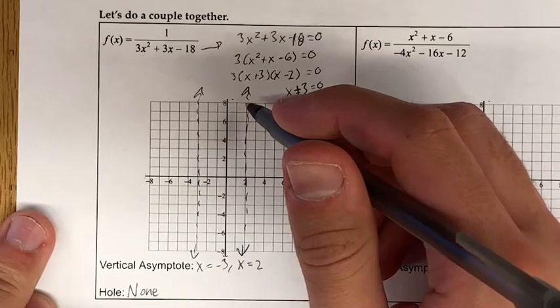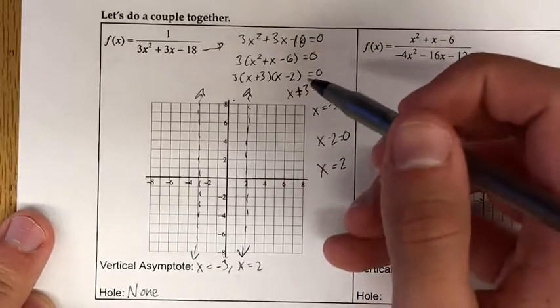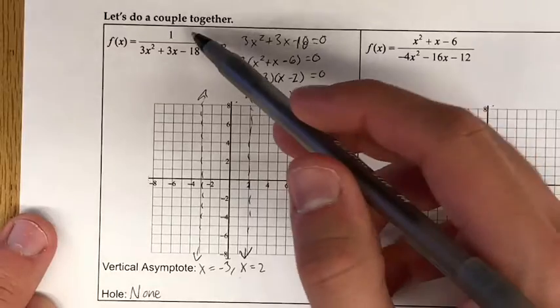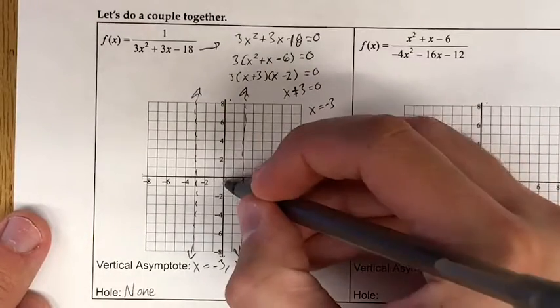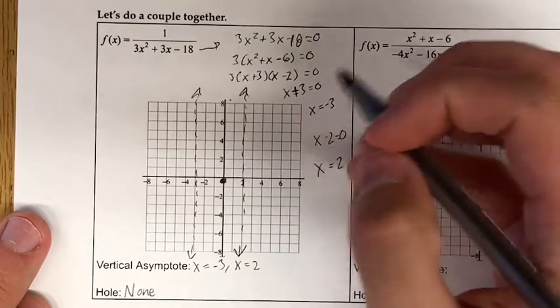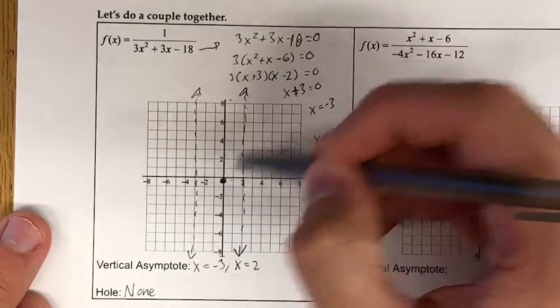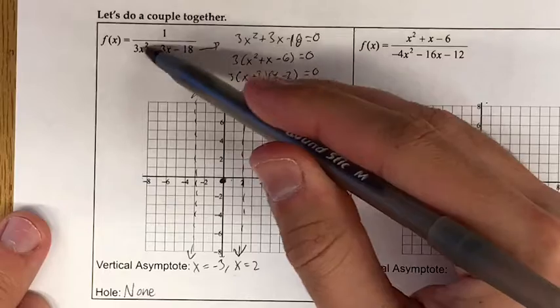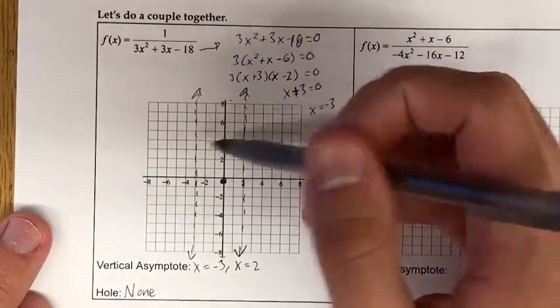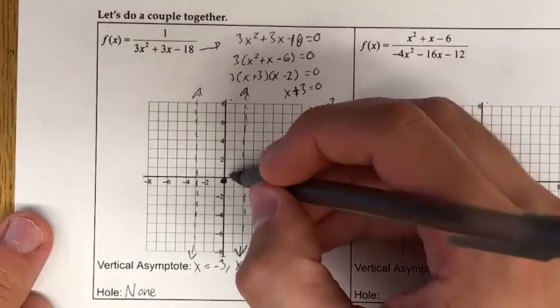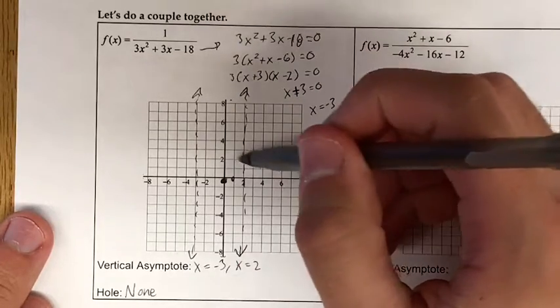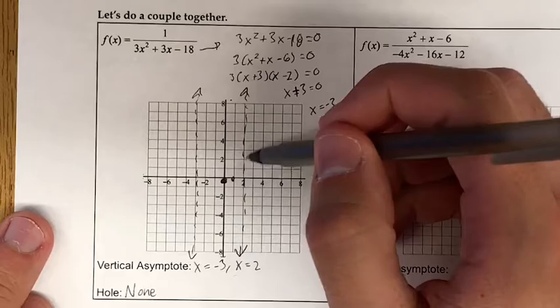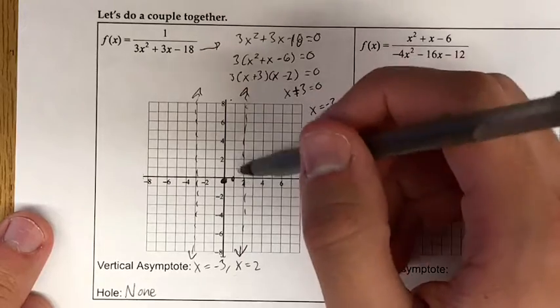But what you could do is you could still just plug in points. So like if we plug in, let's say 0, we get 1 over negative 18, so really close to 0. If we plug in, say, 1, we get 1 over 3 plus 3, which is 6, minus 18 is negative 12, so 1 over negative 12. So a little closer to 0. If we plug in, we can't get to 2 because it's an asymptote.